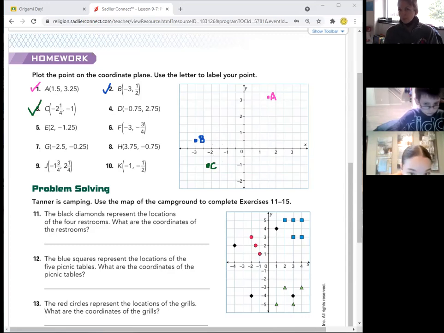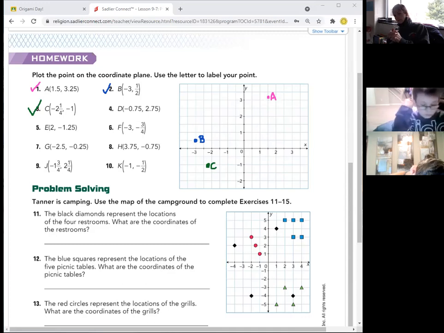Any questions about plotting points? Yes. On the bullet, it says -0.75. Would we just think of it kind of like 75 cents and see how we're to plot it?